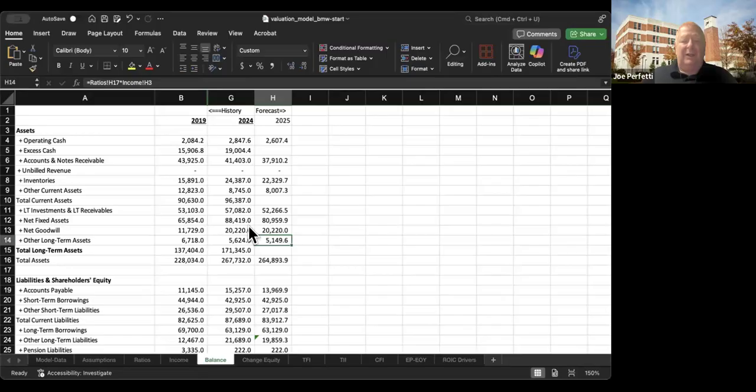Now we are ready to plug the excess cash. So we're going to go to excess cash, which is cell H5, and we're going to put in the following formula.